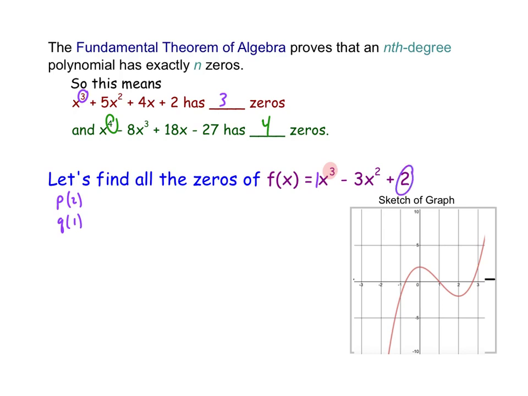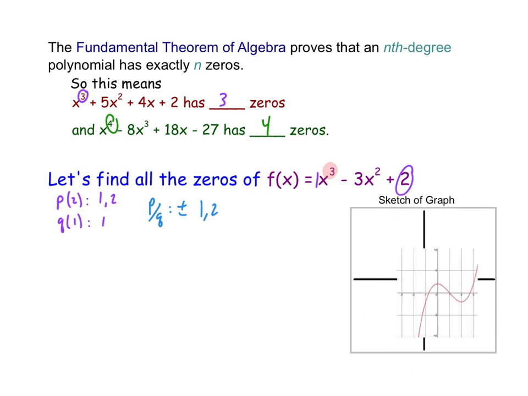So factors of 2, factors of 1. P divided by q, positive or negative, 1 and 2, so 1 divided by 1 and 2 divided by 1. We should have rational answers that are either 1 or 2, or negative 1 or negative 2.